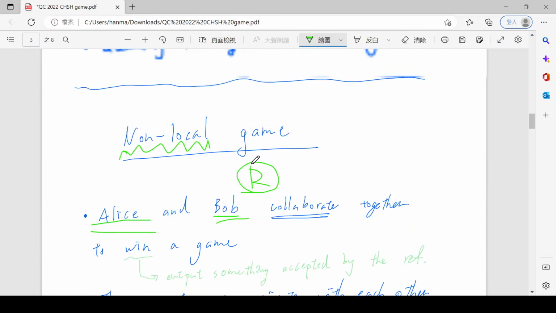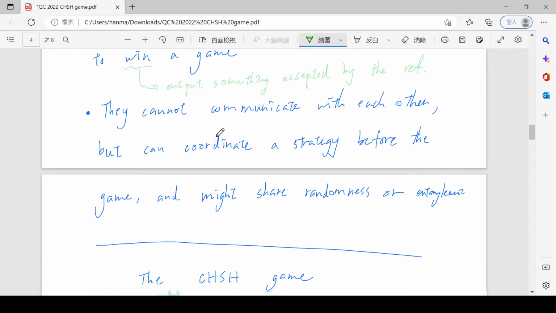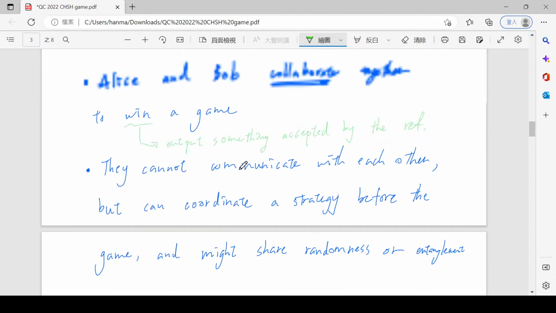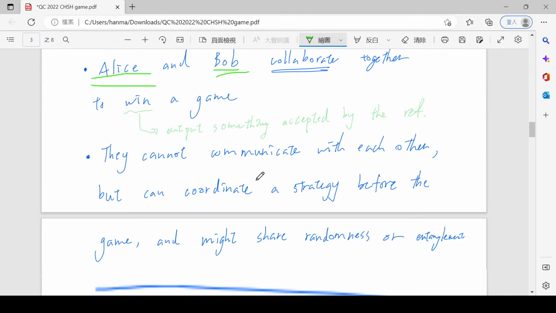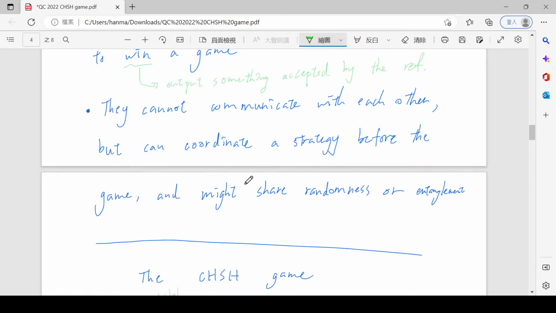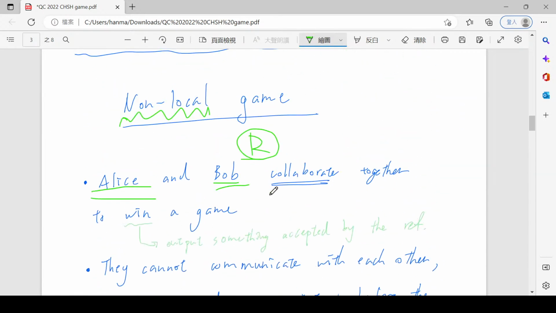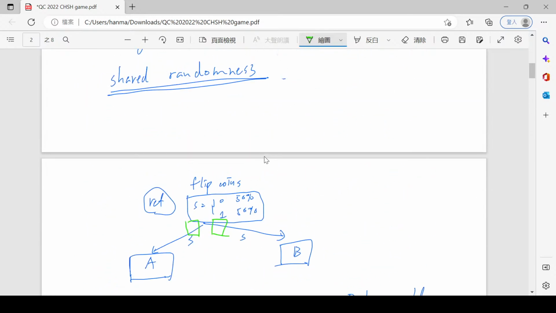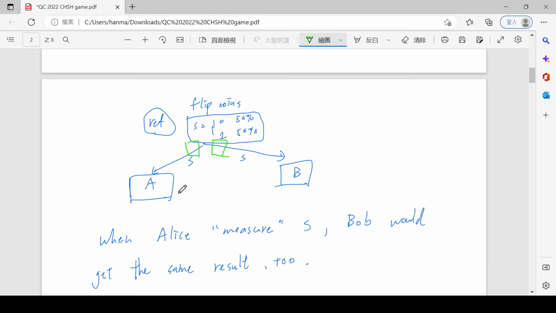We need to first define what's local. And what's local we kind of already see, right? This is kind of like in the superdense coding or teleportation model. Alice and Bob, we just think they are physically far away, and so there will be actually no communication between them at all. So no communication.